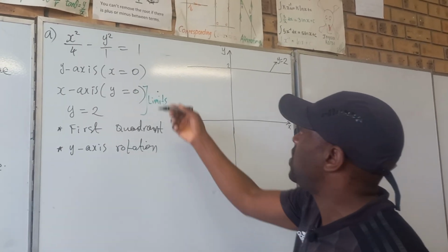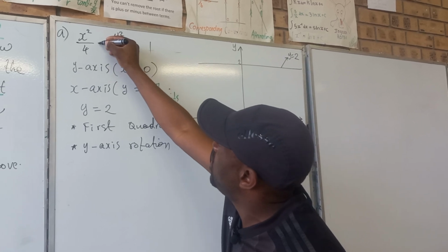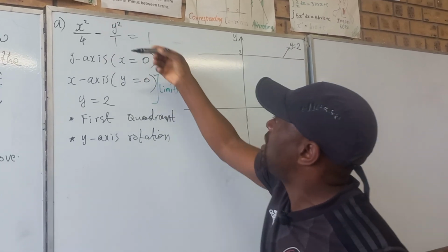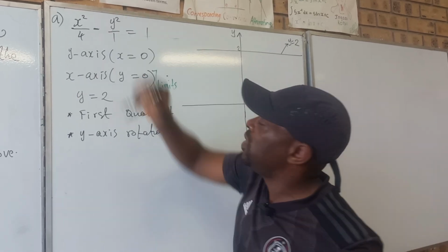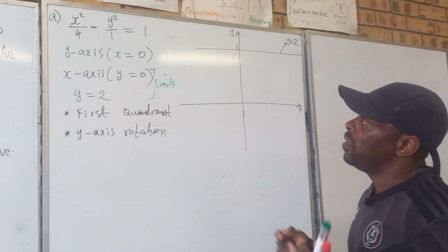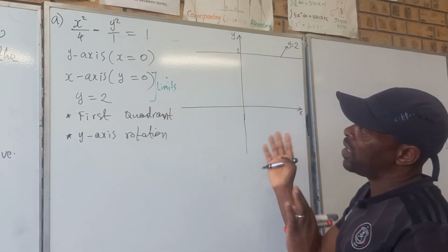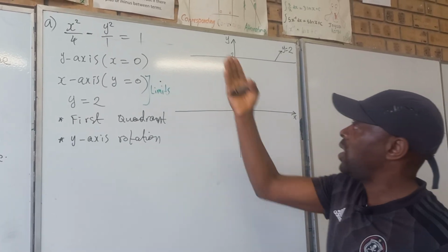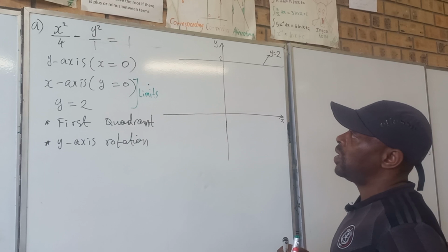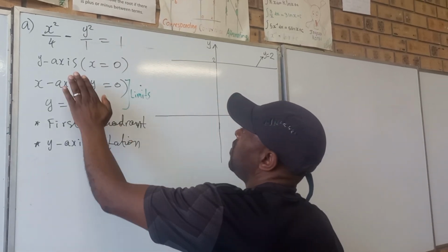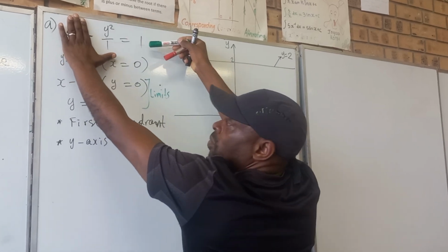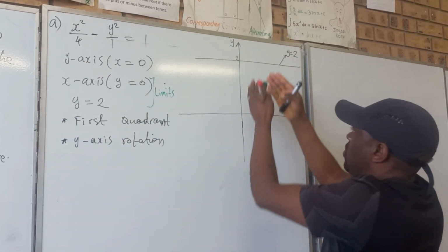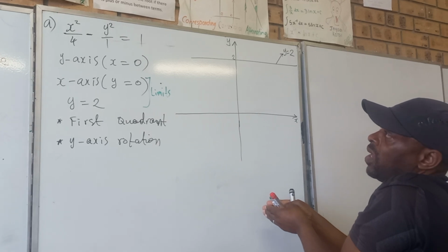Then we can go to the difficult graph. This is our graph. So each time I see a graph with x squared and y squared, if the sign in between is negative, I know it's a hyperbola. If it was positive, I would be thinking about a circle or an ellipse, but with a negative, it's a hyperbola. And if you look at that hyperbola, you will see that if you were to make x 0, this negative will make it impossible to solve for y, telling you that hyperbolas do not touch the y-axis.